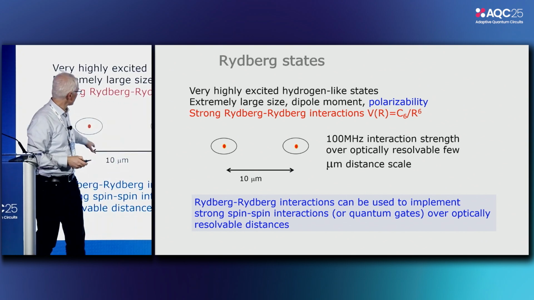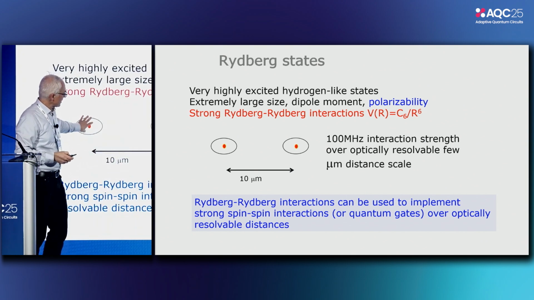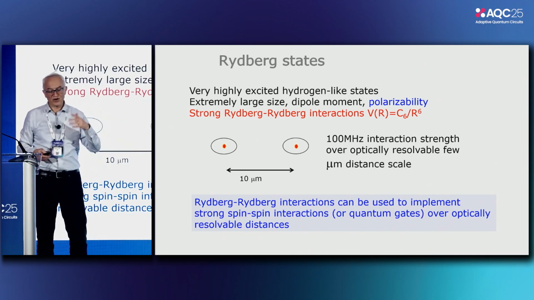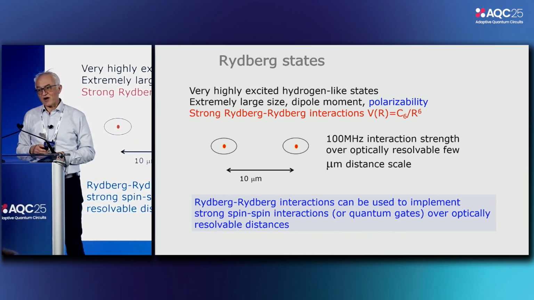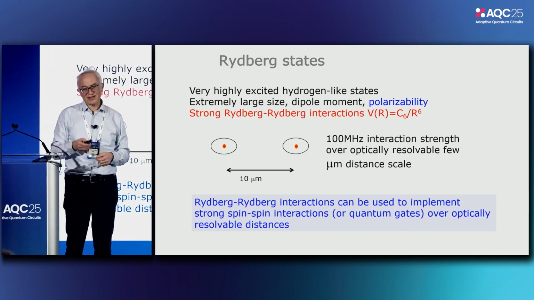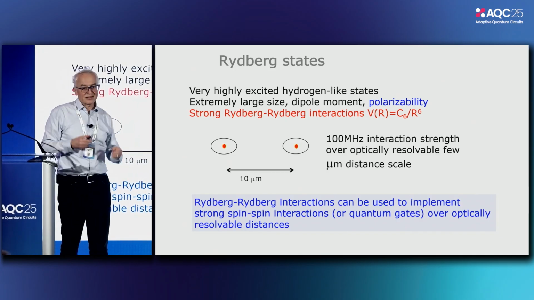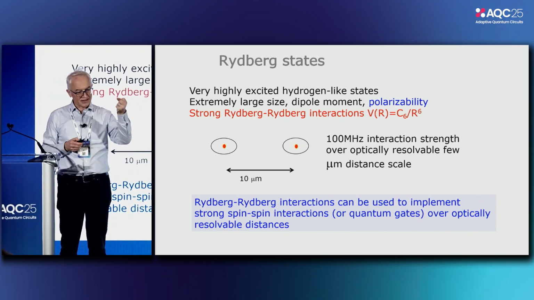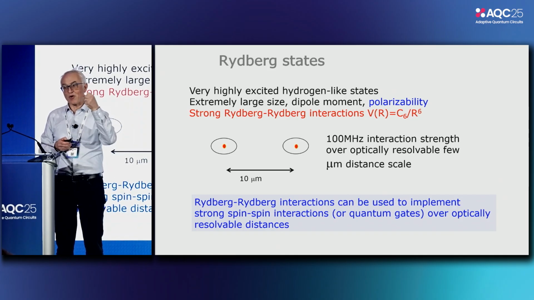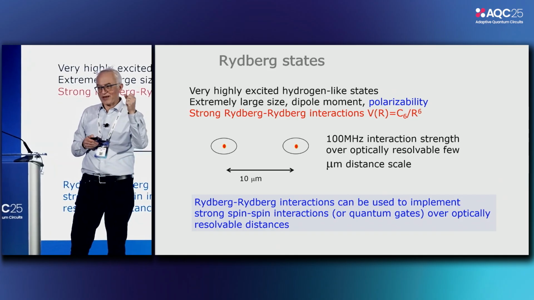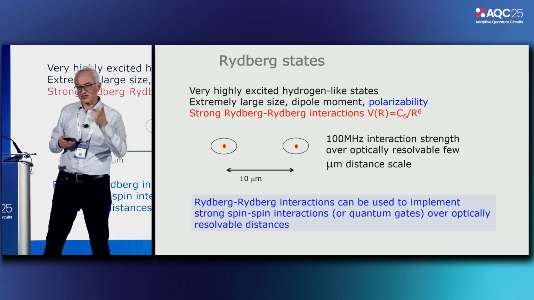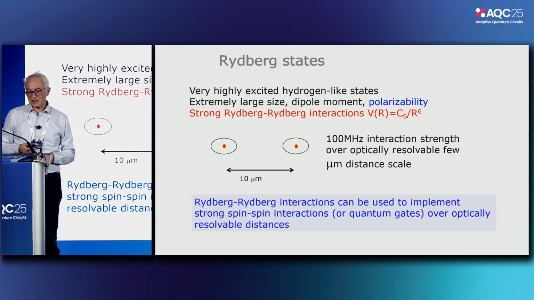And that means that quantum fluctuations in one atom can produce an electric field that will polarize the other atom very strongly. So you get a van der Waals 1 over r to the 6th interaction, just like in the ground state. But amazingly, the interaction in the excited state scales with the principal quantum number to the power 11. I don't know where else I've ever seen such a strong scaling, and this is what makes these experiments possible.